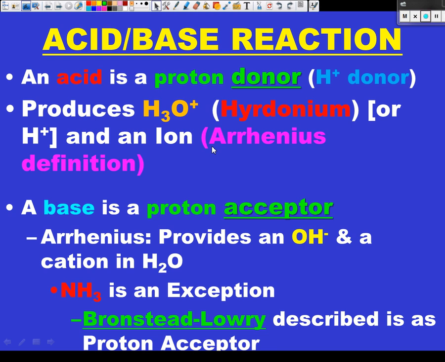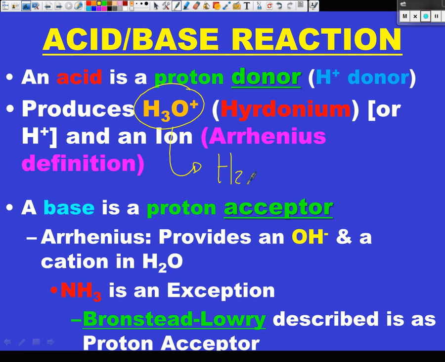So let's read it. An acid is a proton donor. And what's another way of saying a proton? The hydrogen ion. That produces hydronium. And again, what is hydronium? Very good. It is H2O plus H+. I may would jot that down. So it's literally like a water molecule hooked up with a hydrogen ion.